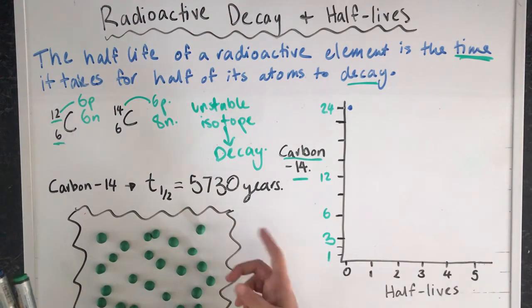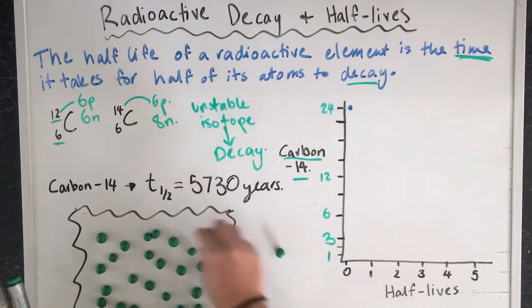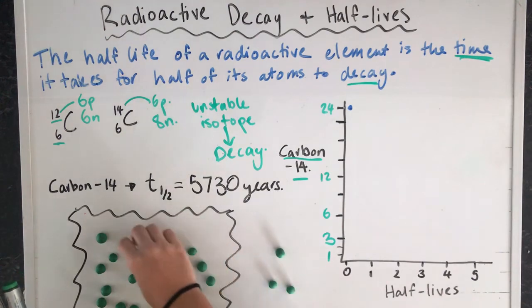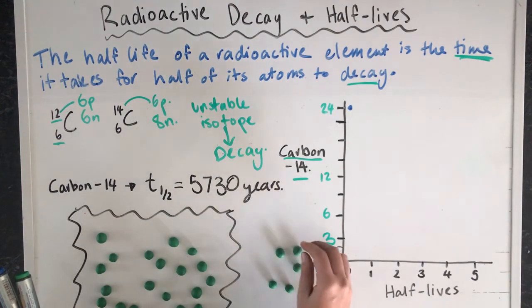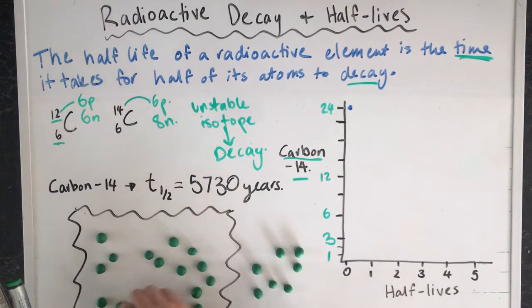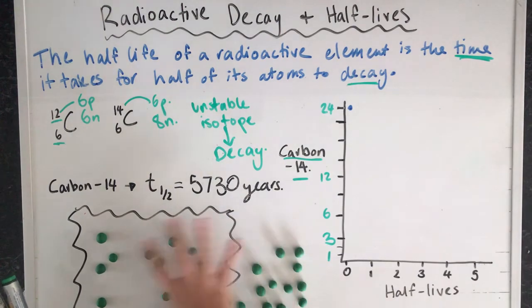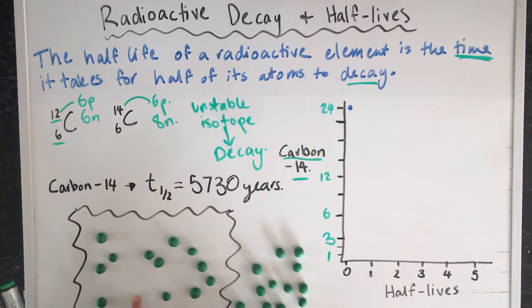I had 24, what's half of that? 12. So I need to remove 12 of my carbon-14s. So I've got 1, 2, 3, 4, 5, 6, 7, 8, 9, 10, 11, 12. Take those away. All that I have remaining here is 12 of my carbon-14s after one half-life.